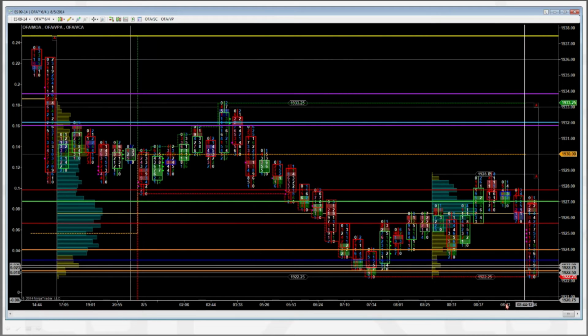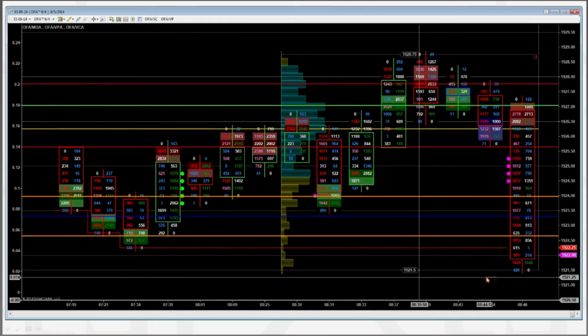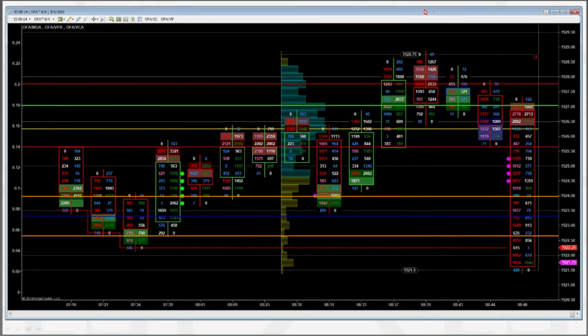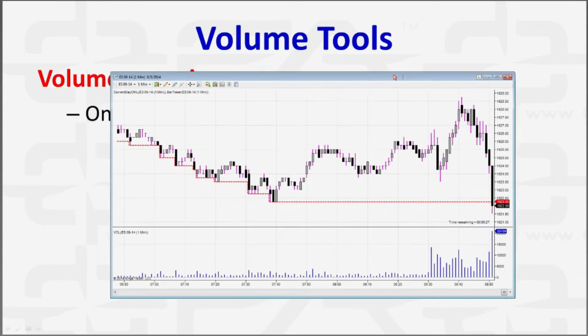This thing is not done. Sorry, I'm a trader first, and once I get a chart up, it's all over. I just love to trade. So anyway, I use this very simple 1-minute chart.